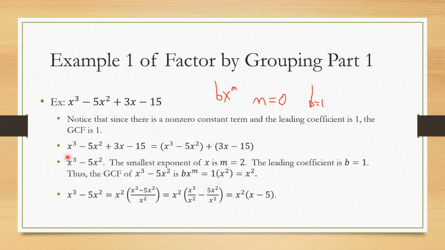Looking at this here, we see that the smallest exponent of x is 2. So again, going to that b times x to the m for the GCF, our m is 2. Just like up here, b is 1 because the leading coefficient is 1. So the GCF of this has to be x squared. So we're going to factor that out.